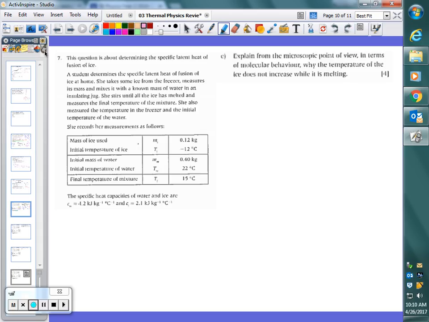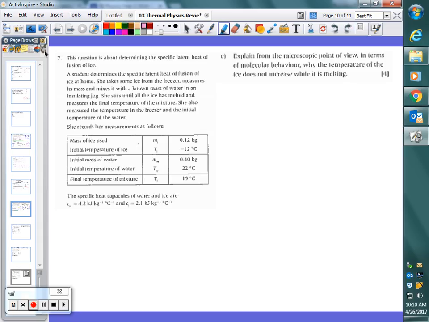So in ice, those objects are in a fixed position, but not stationary, right? There's that vibratory motion that goes along with it. As you heat up a block of ice, the vibratory motion gets faster and faster, but they're still in their fixed positions.